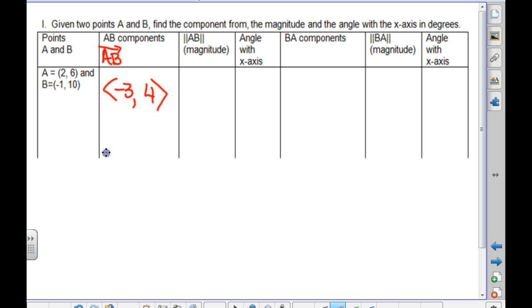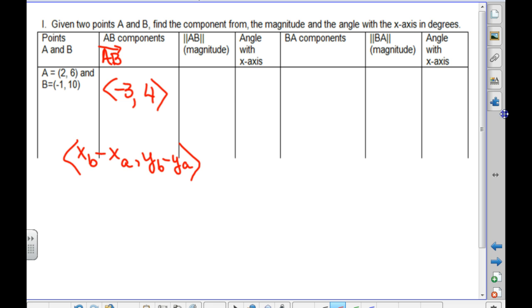If you want to write down what we did, we took the x from B and subtracted the x from A. And then we did the y from B minus the y from A. And that's how we got the components from A to B. It's like y2 minus y1. I don't like to even think about that. It just hurts my head. I just think about what we're doing.